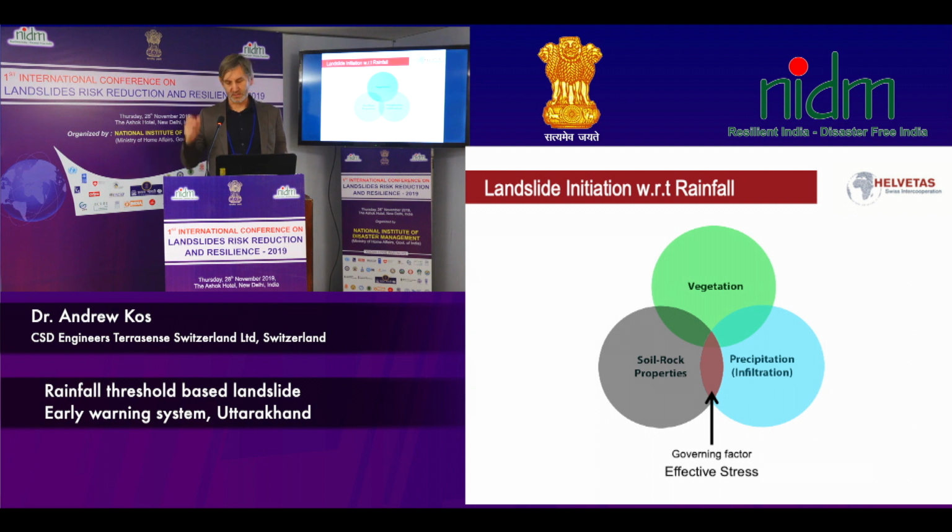So it's the question of what to do in the emergency response when we have a prediction. Now, one of the difficulties, of course, in predicting is that there are different factors at play that cause a landslide to actually trigger, and the most simple representation of that is here. So we have properties, soil rock properties, we have rainfall, precipitation, we have infiltration of that rainfall, we have surface runoff of that rainfall, and we have vegetation.